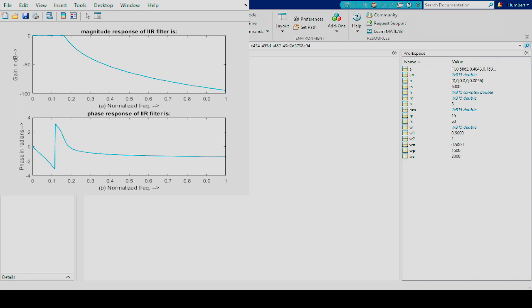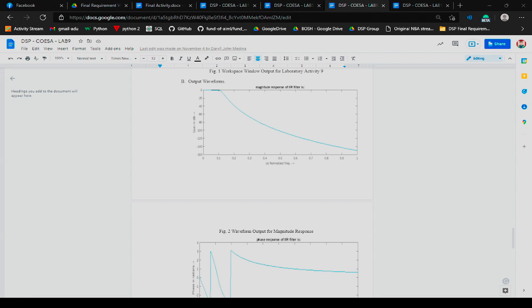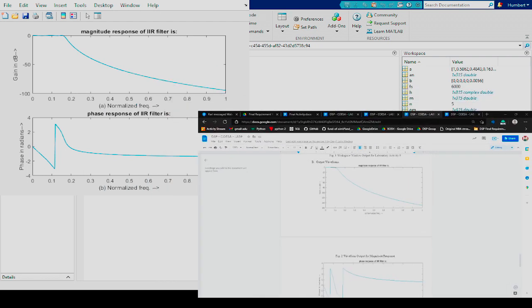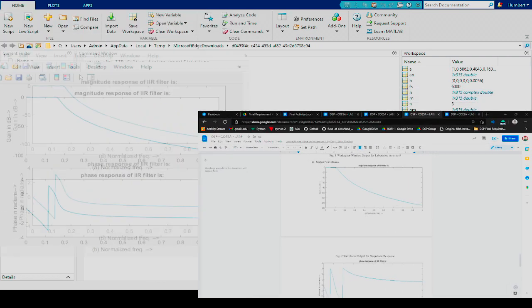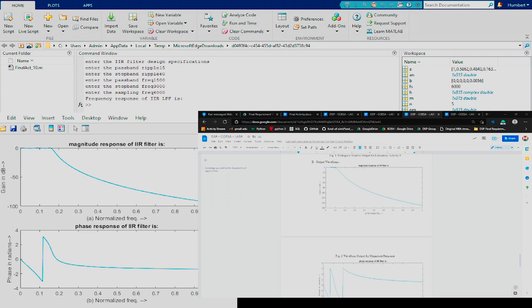You can see here there are differences between those two.